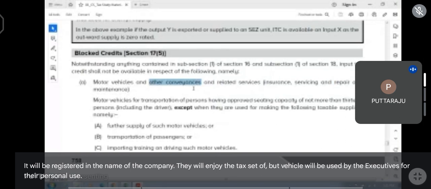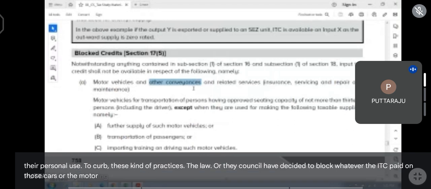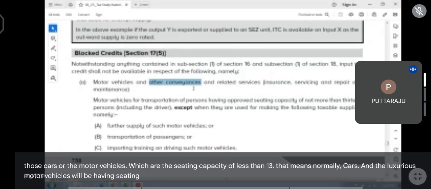To curb these kind of practices, the law or the council have decided to block whatever the ITC paid on those cars or the motor vehicles which has the seating capacity of less than 13. That means normally cars and the luxurious motor vehicles will be having seating capacity including driver 8, 7 plus 1.